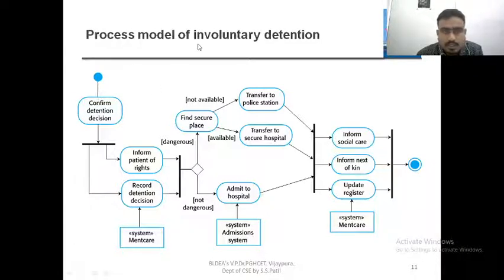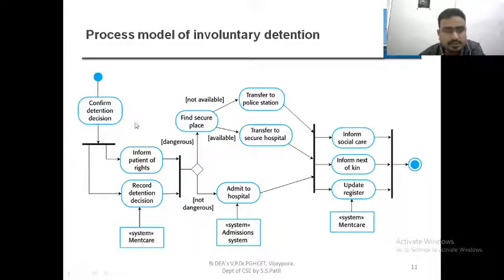So this is the involuntary detention model. Suppose someone, your close friend, has got some mental disease. How are you going to deal with it?